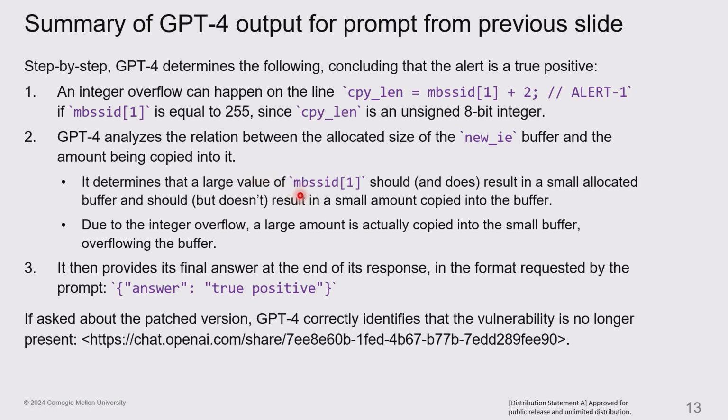So it determines that if MB SSID subscript 1 is large, then that should and does result in a small allocated buffer, and that it should but doesn't result in a small amount of data being copied into the buffer. Instead, due to that integer overflow, you actually copy a large amount of data into that small buffer, which overflows it. Then at the end of its response, GPT-4 gives us its final answer in the format that we requested.